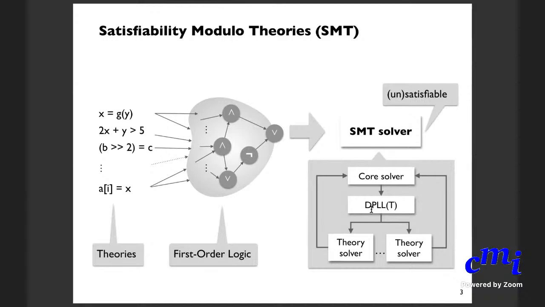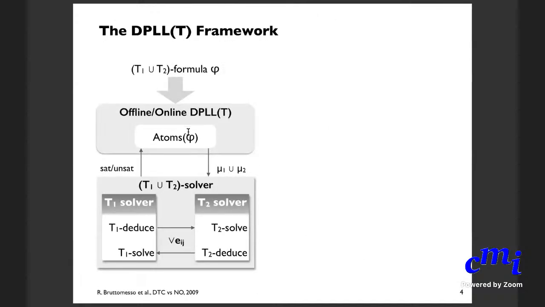By extending DPLL to handle any theory for which you have a decision procedure for the conjunctive fragment, how can you do that efficiently is what we are talking about. So this is the basic structure. What you can do is replace all the atomic symbols. That is what I mentioned.